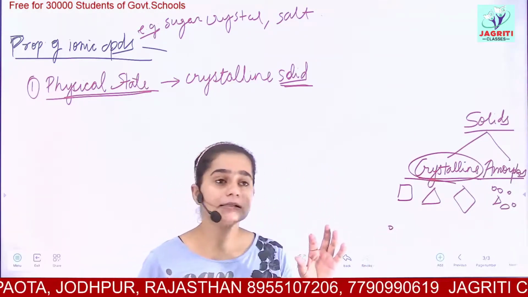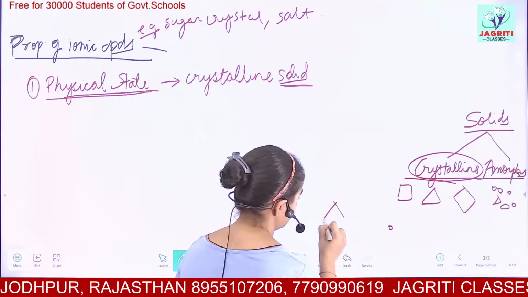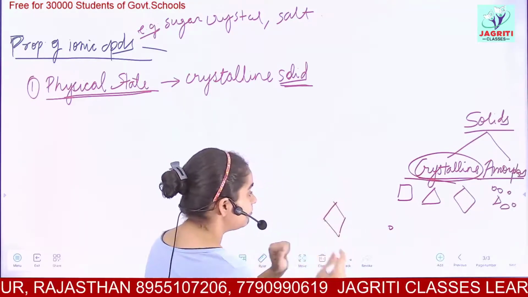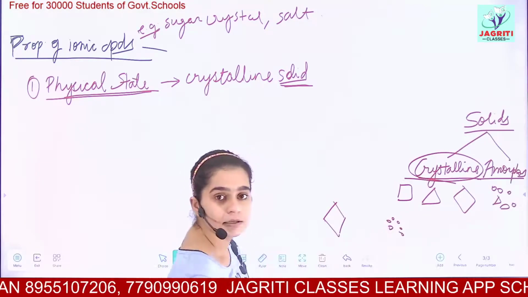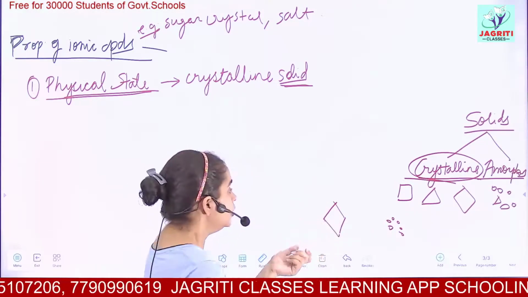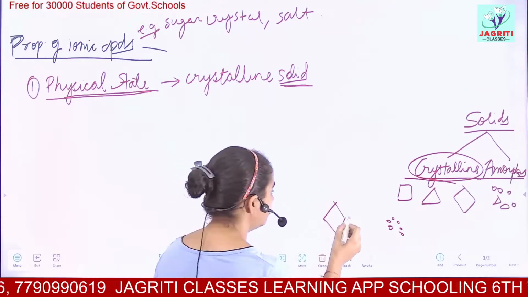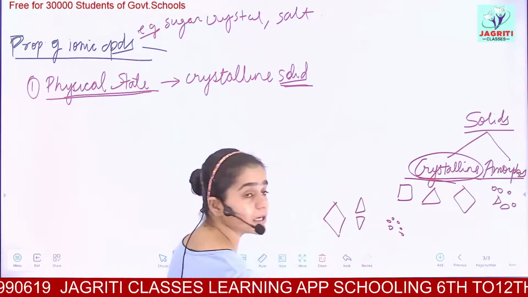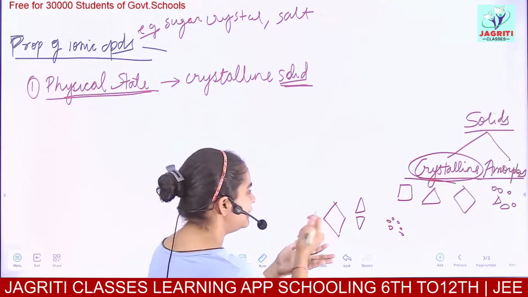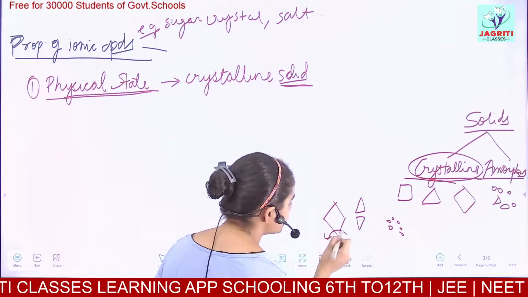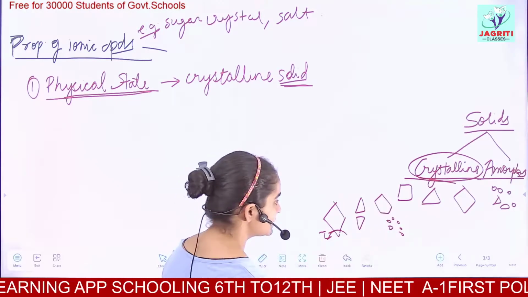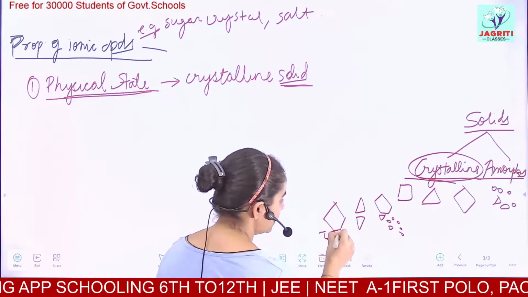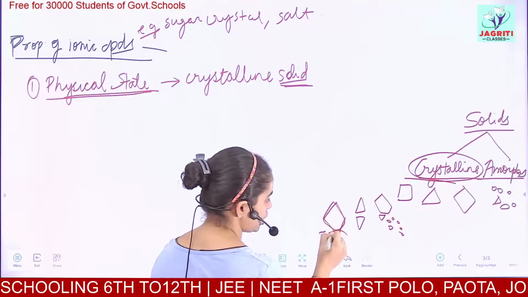If this is the sugar crystal, while crushing, if it gets fully crushed, then you would get some spherical particles. If the next crystal you take, you crush it only once, then you would get triangular crystals. And if you crush it very lightly, then maybe only this region breaks off, so you would get a shape like this and a smaller triangular particle. So you would get two shapes.